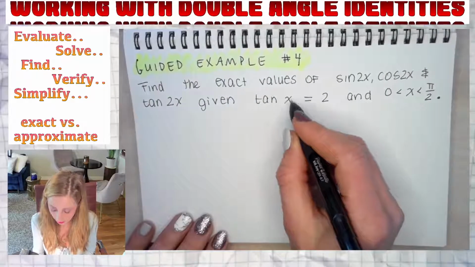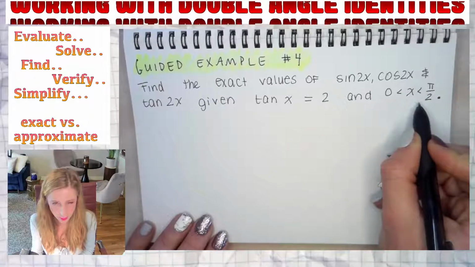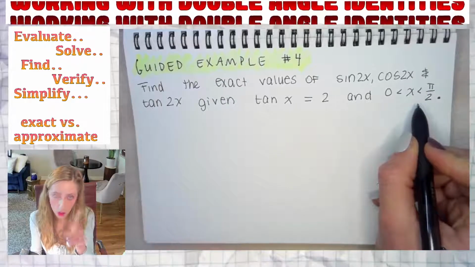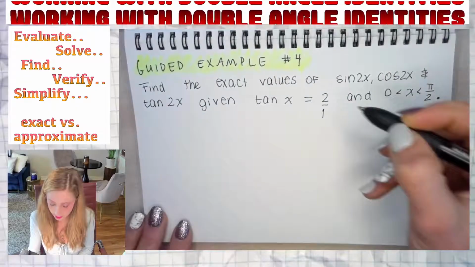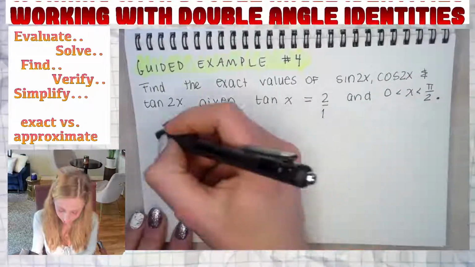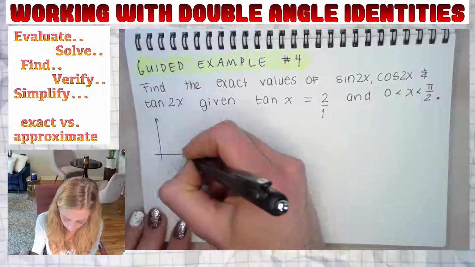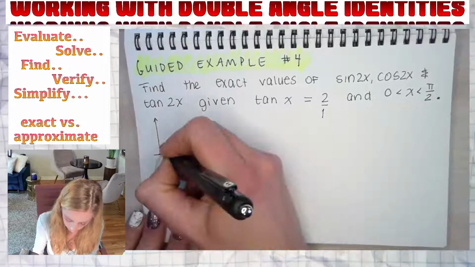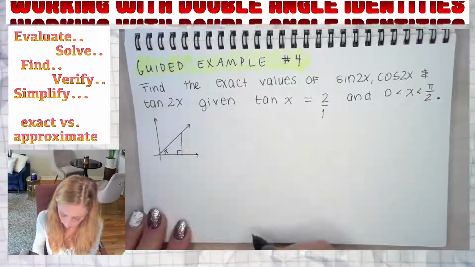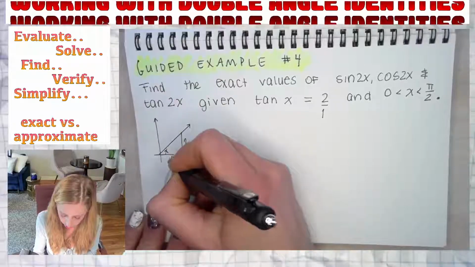Tan of the angle x, which is between 0 and pi over 2, quadrant one, is equal to 2. Please remember that means 2 over 1, and that's your opposite, and that's your adjacent. Quadrant 1 sketch. Reference triangle, reference angle, opposite, adjacent.